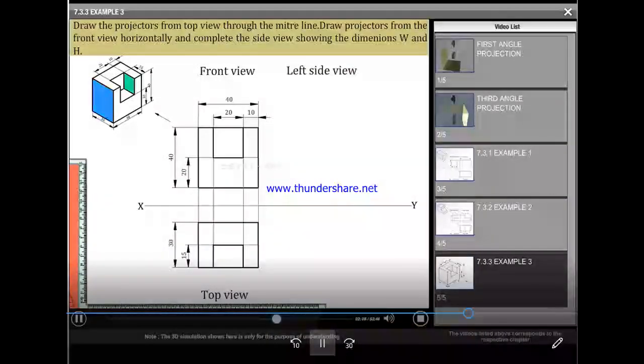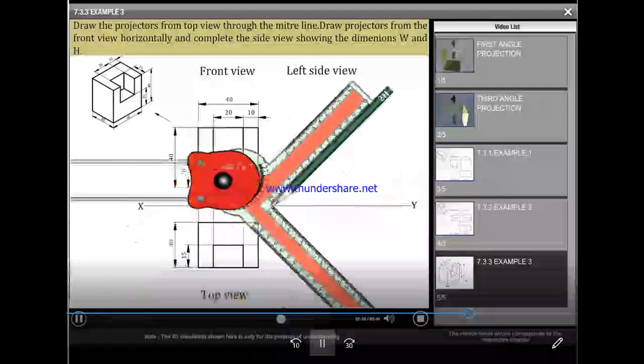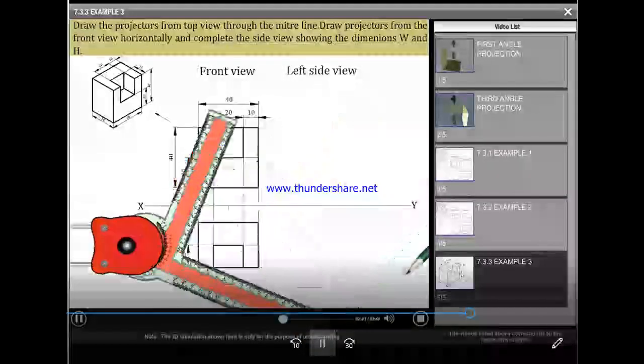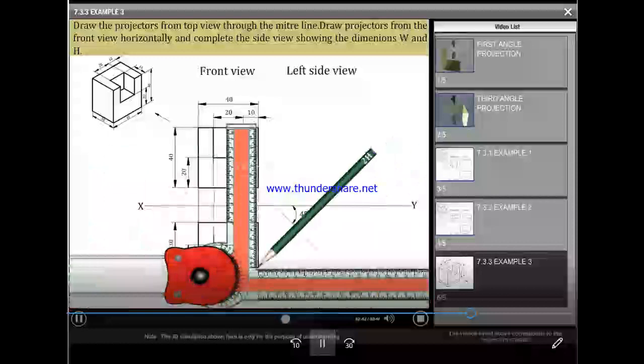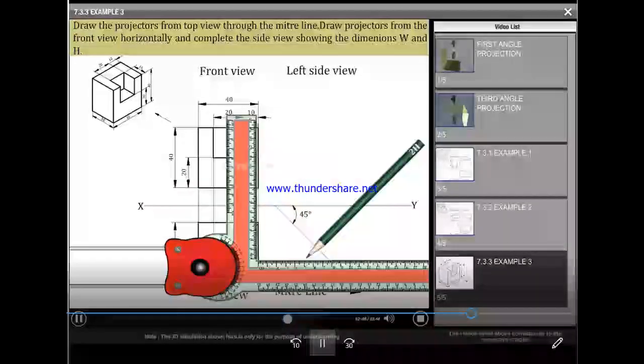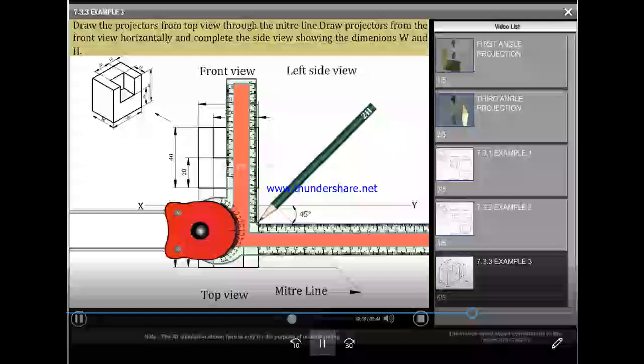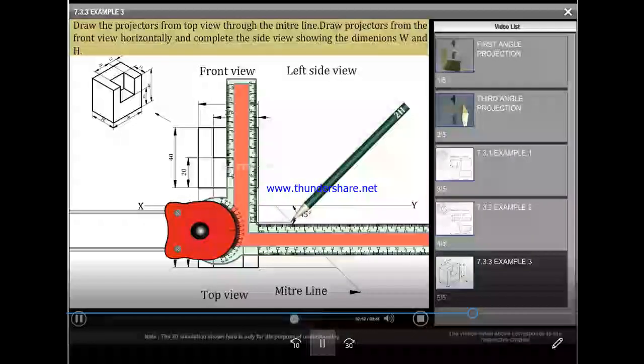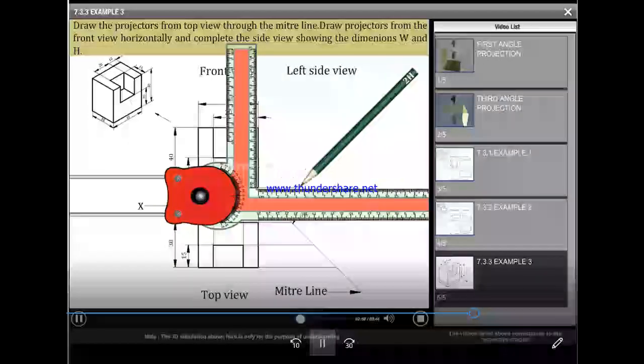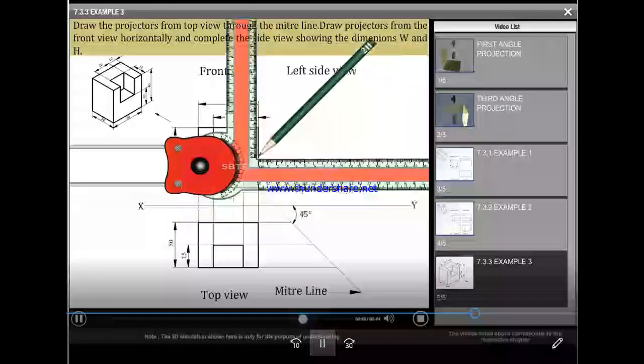Now to draw the side view, draw the miter line and project from the top view through the miter line. Now draw the projectors from the front view horizontally and complete the side view showing the dimensions width and height.